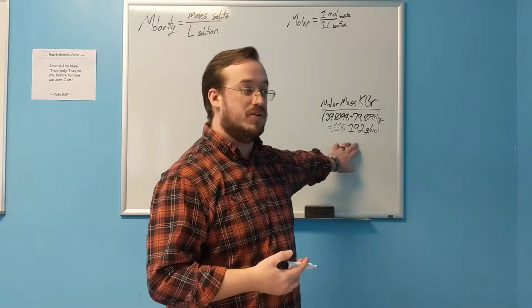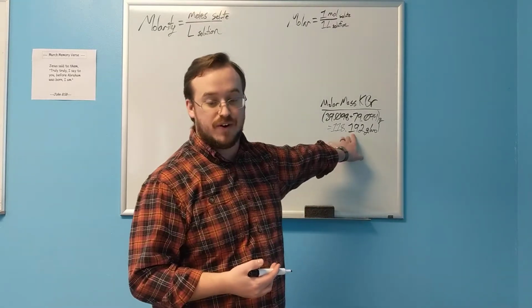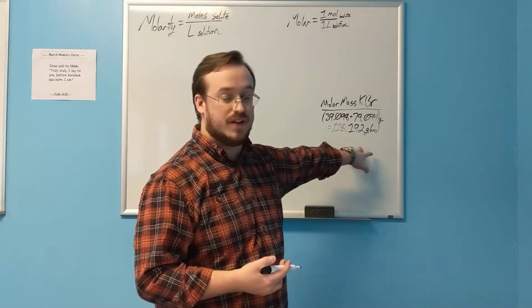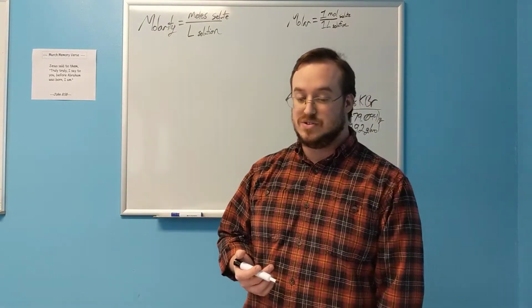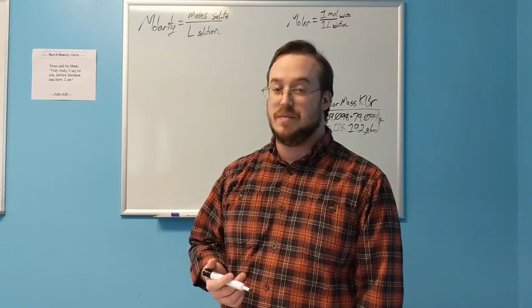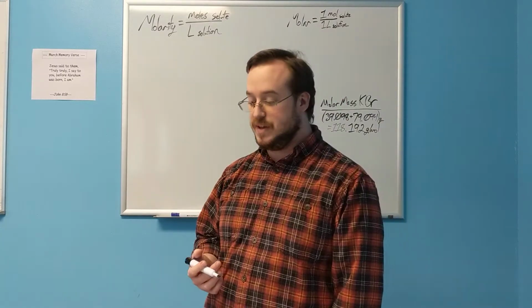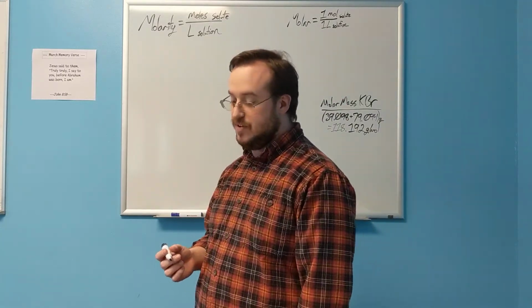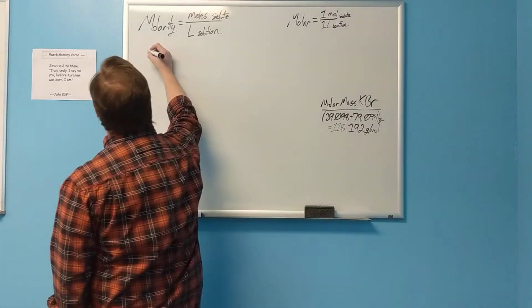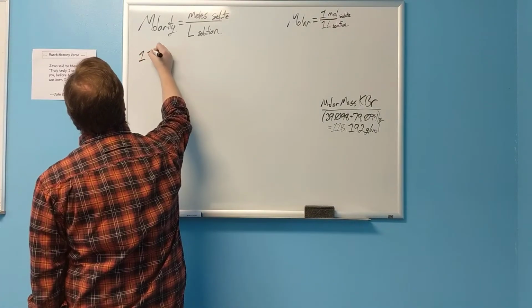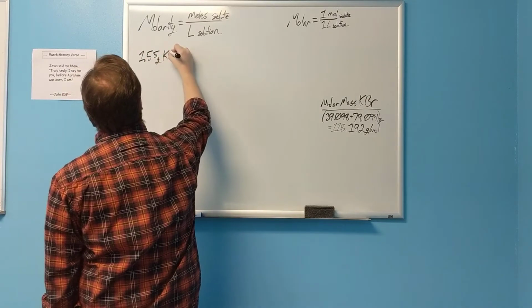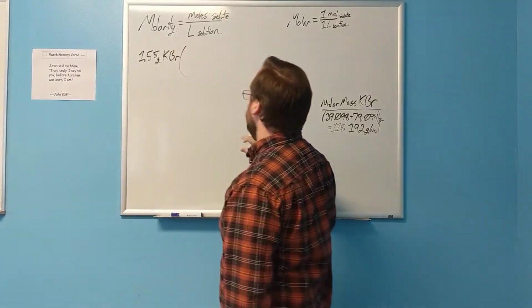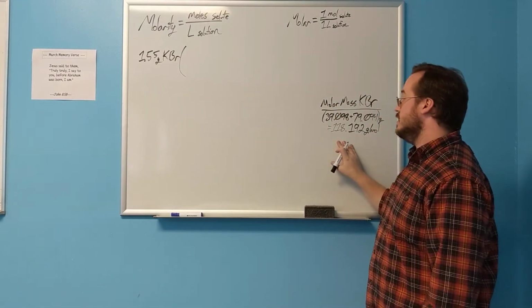I already figured out the molar mass of potassium bromate for us so that I don't have to do that later. And we're going to go ahead and start plugging some things into our molarity equation after we figure out how many moles of potassium bromate there are. So we're starting with 1.55 grams. And then we're going to use this molar mass here.